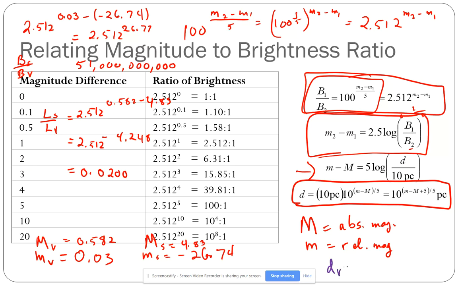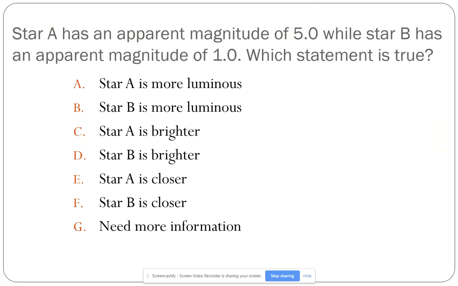The distance to Vega is going to be 10 to the power of 0.03, its apparent visual magnitude, minus 0.582, its absolute visual magnitude, plus 5, all over 5.